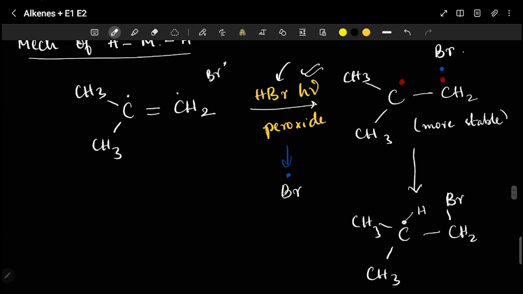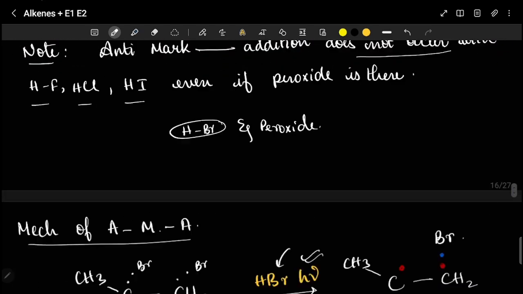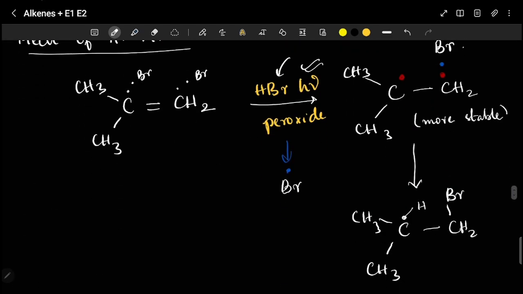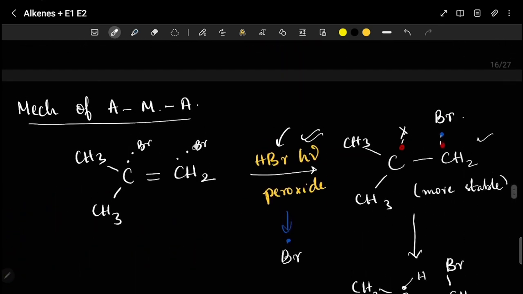This Br attaches here, or this Br can go and attach here. This attachment is more stable. As this is more stable, the bond is formed like this, not like this. So that is the mechanism of anti-Markovnikov addition.